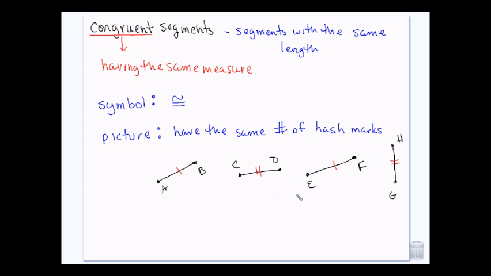Granted, I didn't draw these all perfectly, but this picture is telling me that AB is congruent to EF. And CD is congruent to HG, or GH.